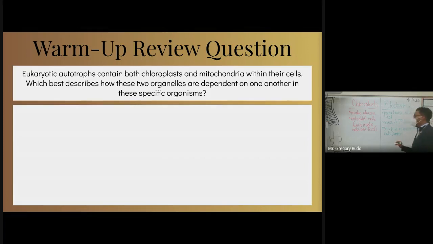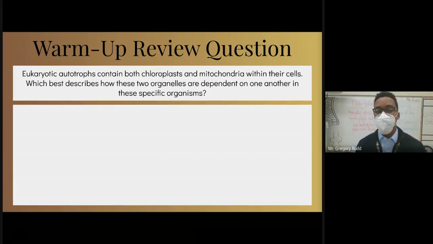And they're more complex because of what? What makes them complex? In the interest of time, I'm just going to say it. But thank you, Rudy. They're more complex because they have a nucleus. Only eukaryotic cells have nuclei.